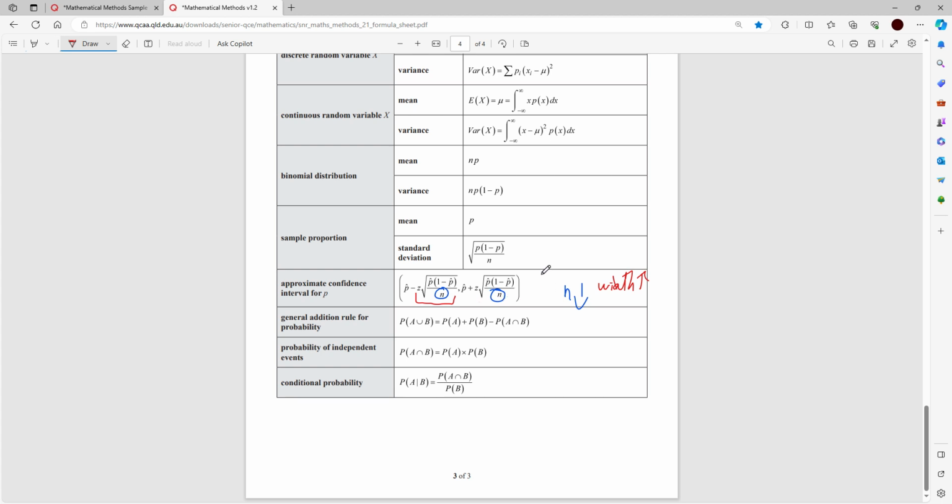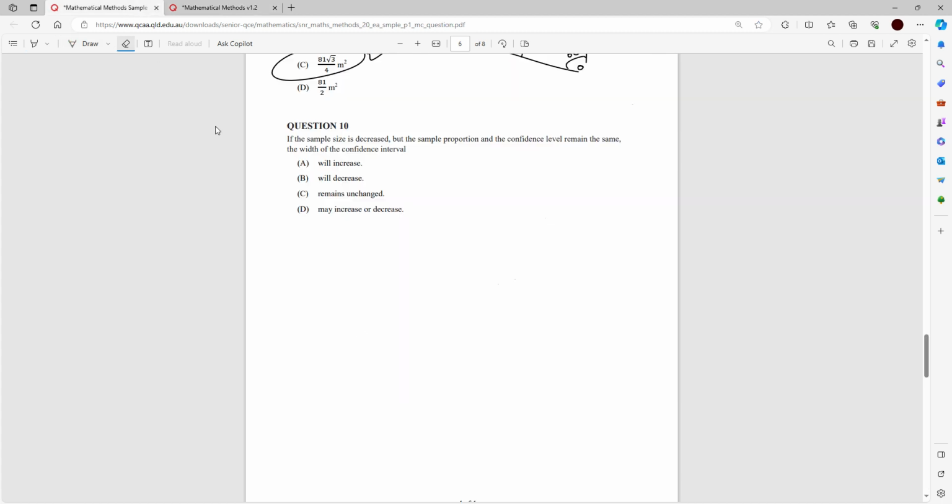And if you have, let's say, 100 over 2 compared to 100 over 50, the bigger number on the denominator makes the smaller result. So if this number is very, very small, then the whole number itself is very, very large. So that means the width of the interval is increasing. So the correct answer is A. Ta-da! And that's how to answer that one there.